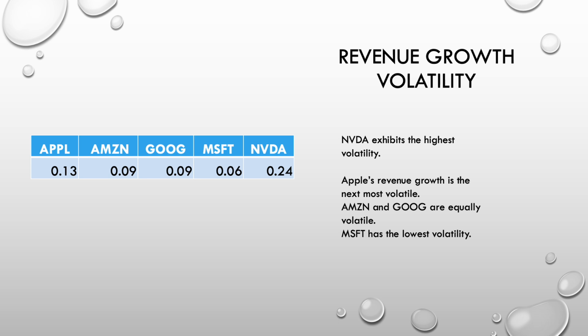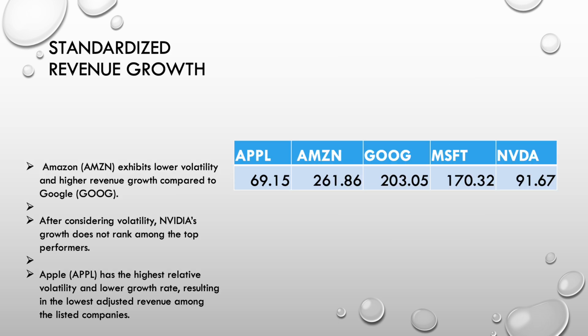Next, let us see what happens to revenue growth after we adjust for volatility. After we adjust for volatility, what we have is that Amazon now has the highest revenue growth, followed by Google, and then Microsoft, and Nvidia is in fourth place.